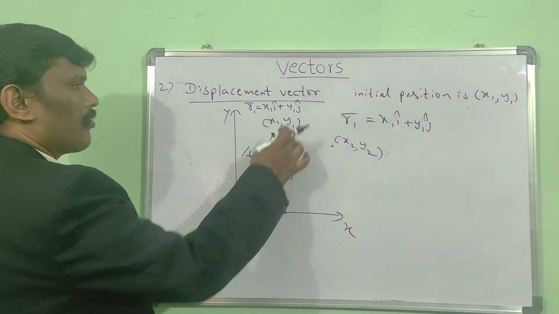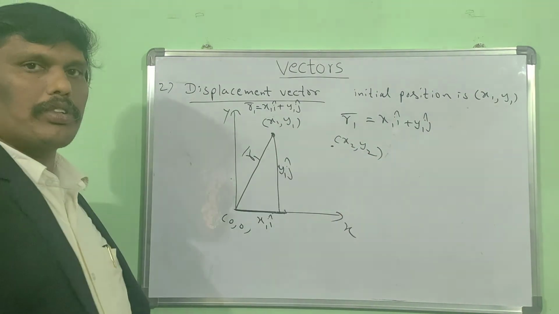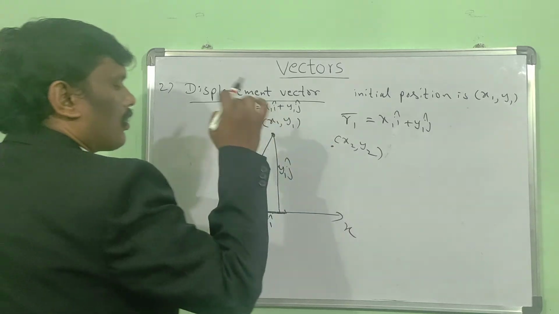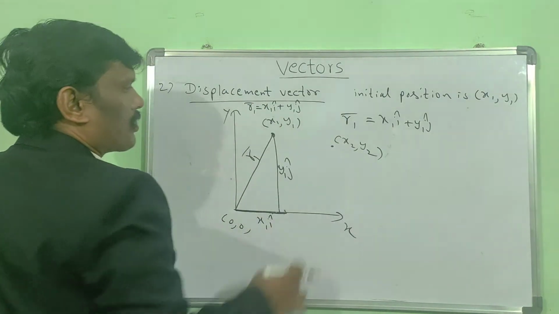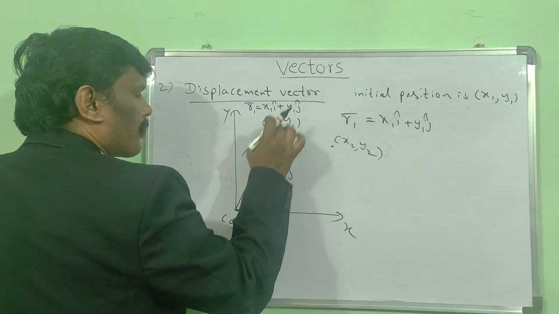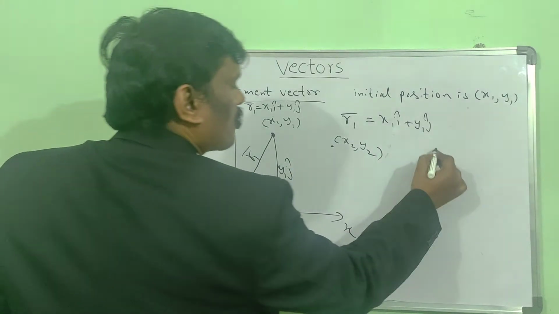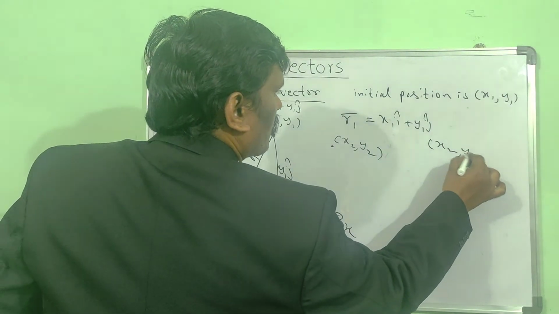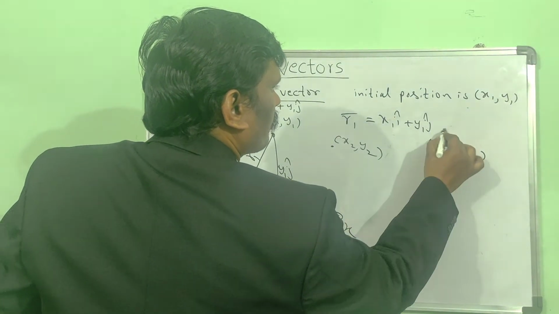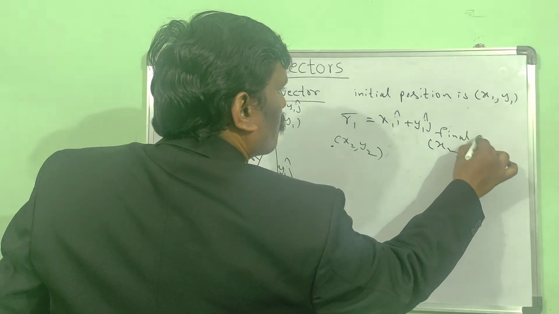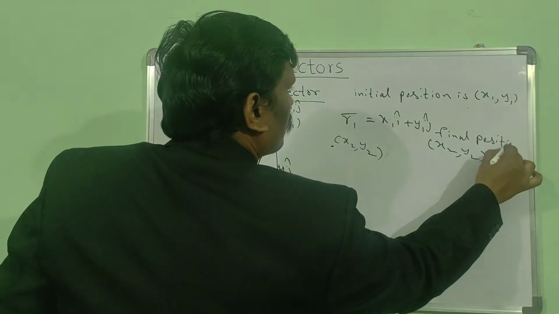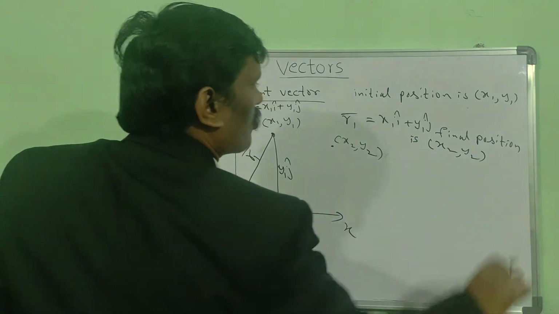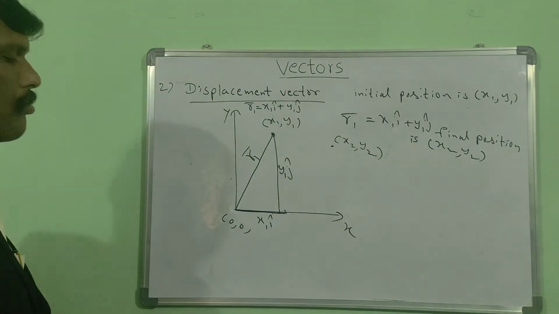This is the x1 comma y1 position, this is the x2 comma y2 position, and the object moves from this position to this position. This x2 comma y2 is the final position.